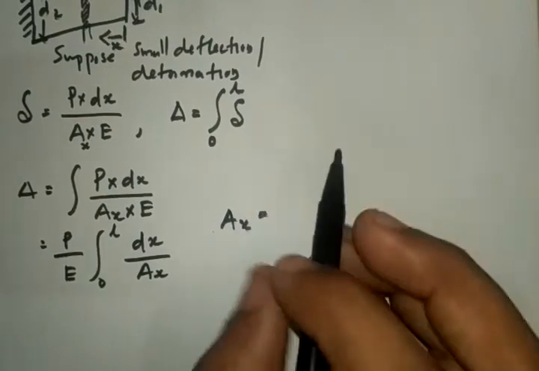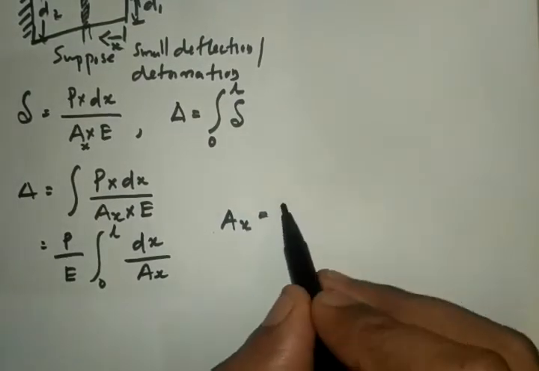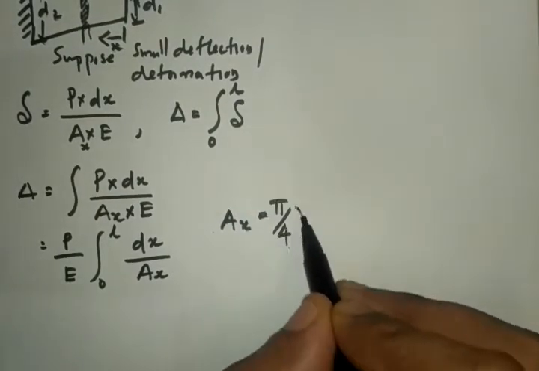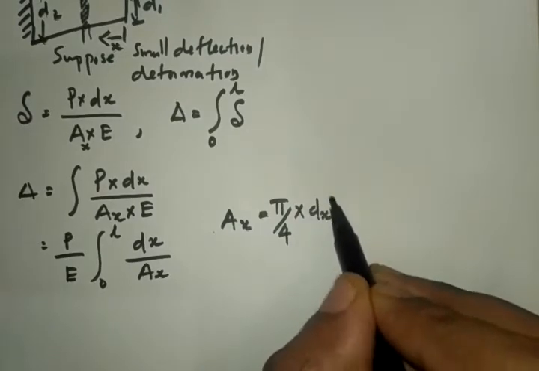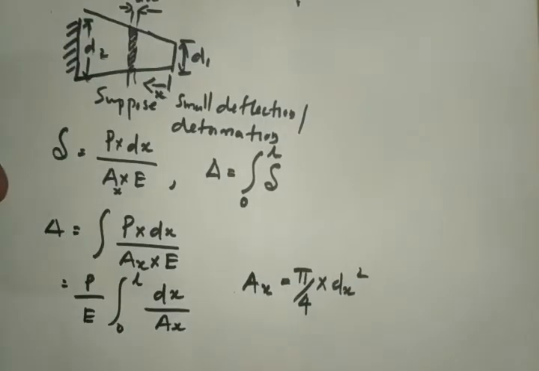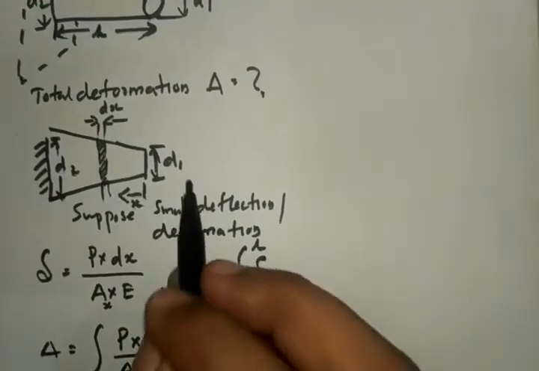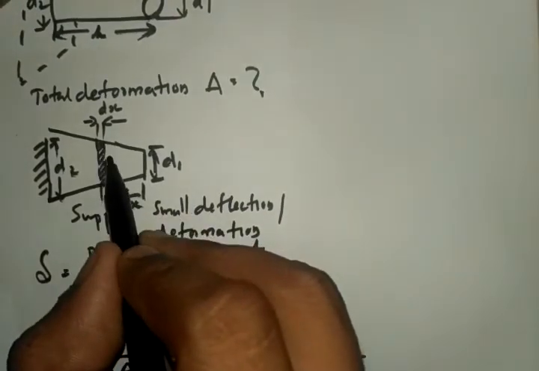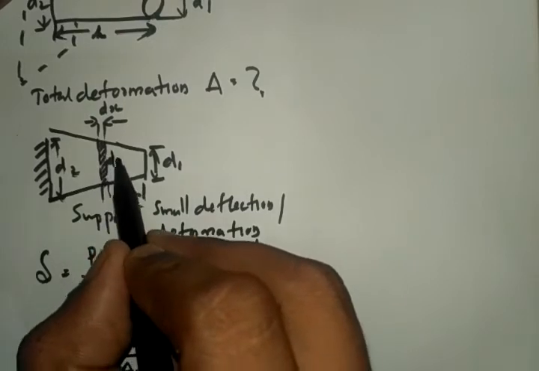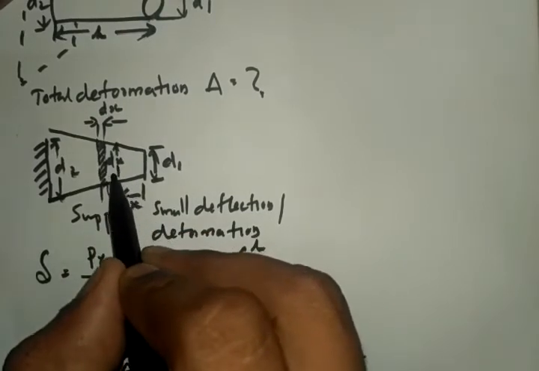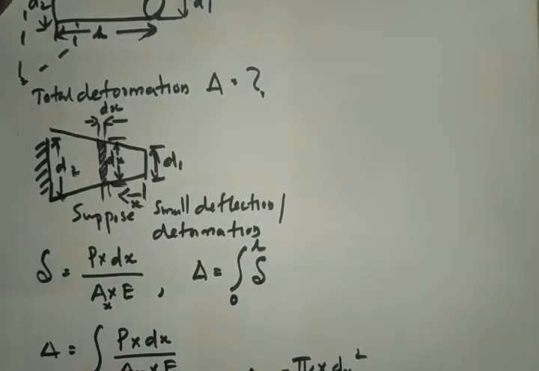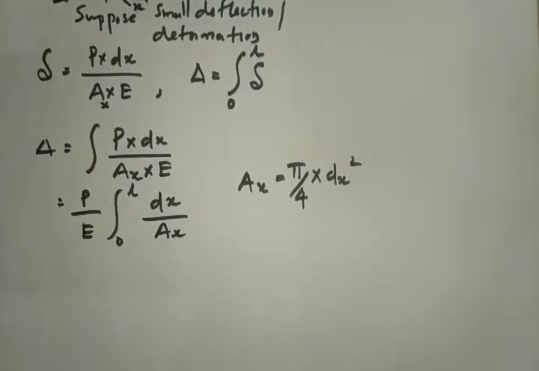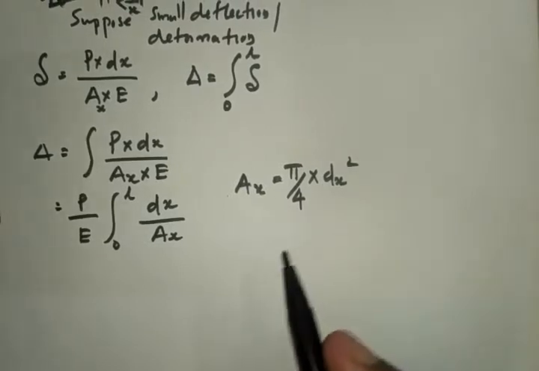It is equal to the area of the circular cross section, that is pi by 4 into the diameter of the circular cross section, that is Dx square, where this is the strip, the diameter of the strip is taken as Dx. So Ax is equal to pi by 4 into Dx square.